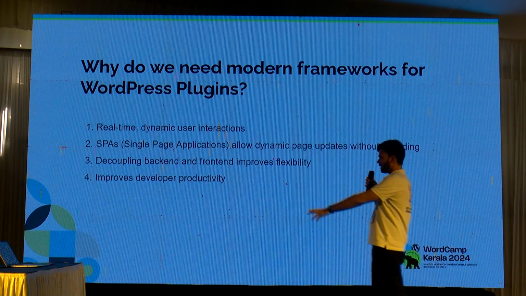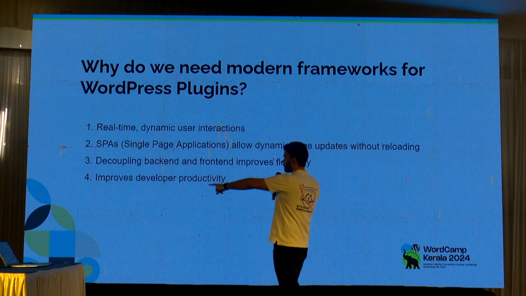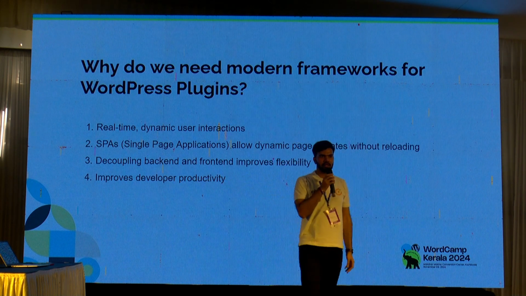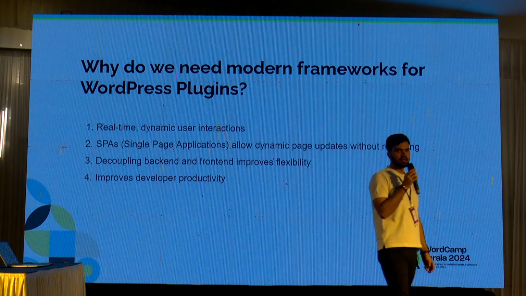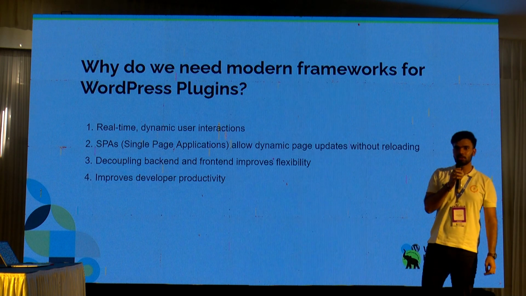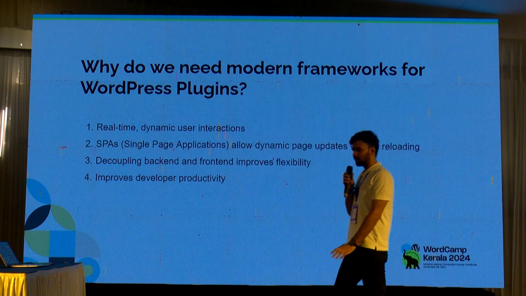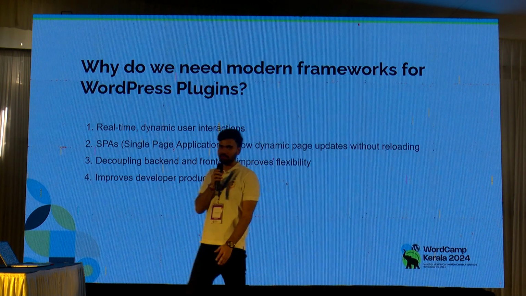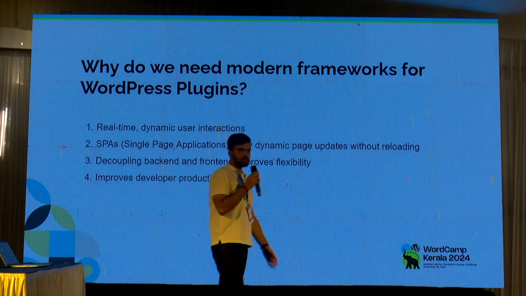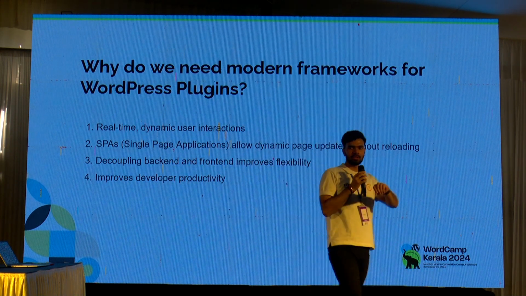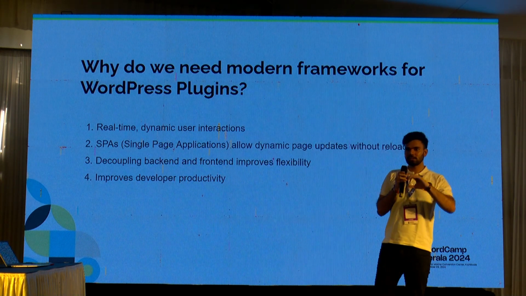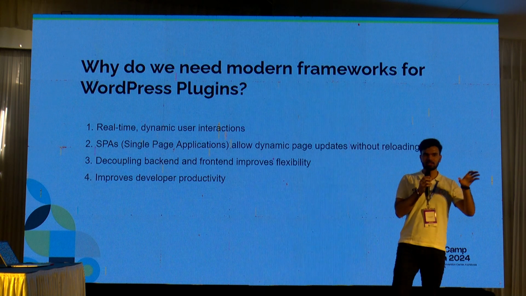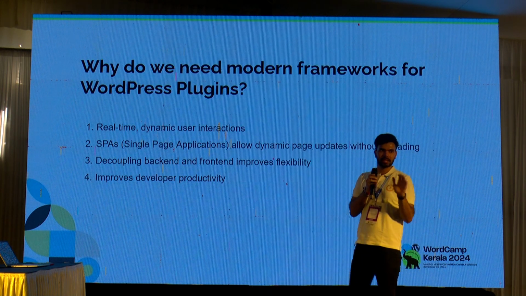Next, the third main thing is decoupling the back end and front end, which is very important for maintaining the code and making it readable and understandable for your developers or your teams. So you can have your UI components in the React application, which separates your UI logic from your backend logic.